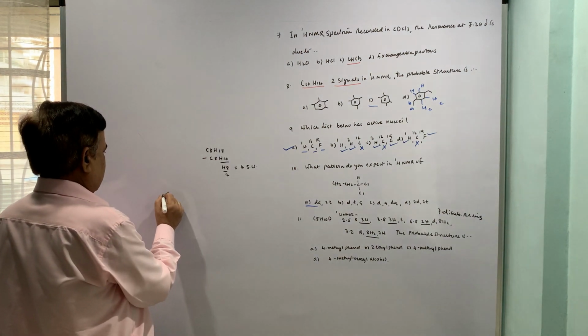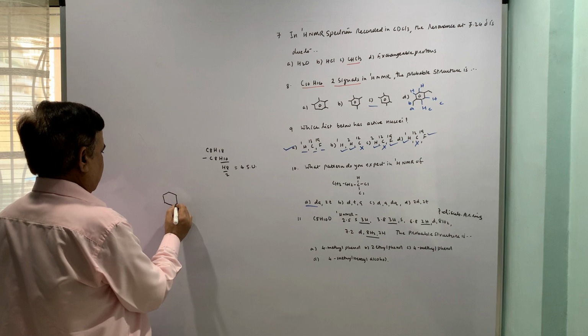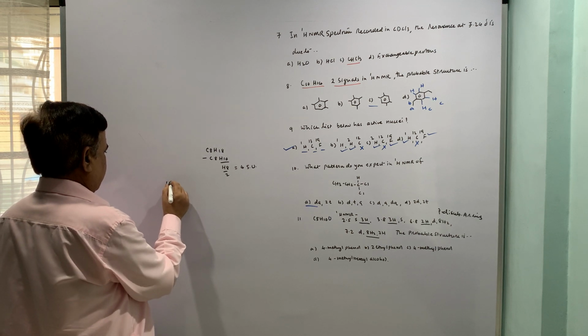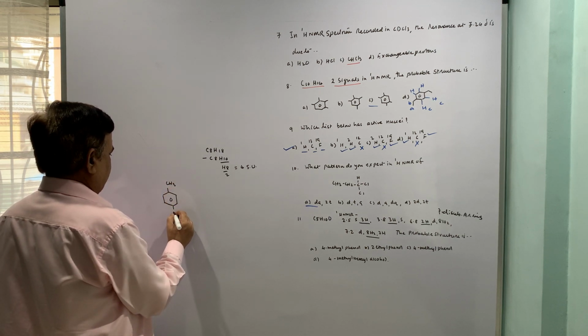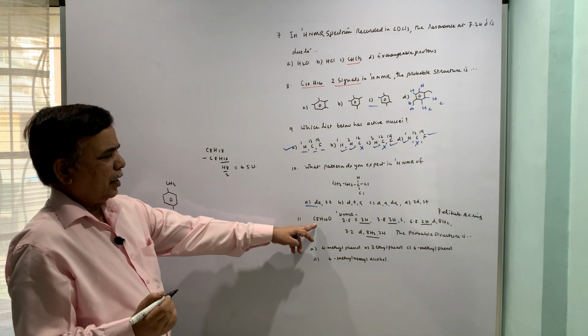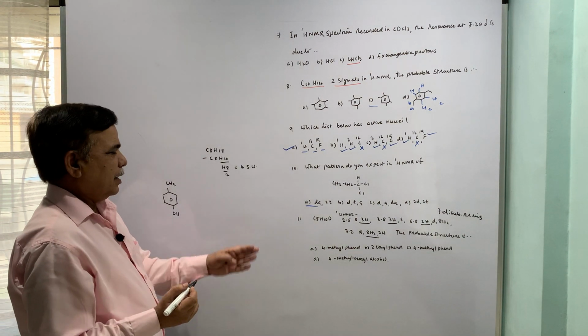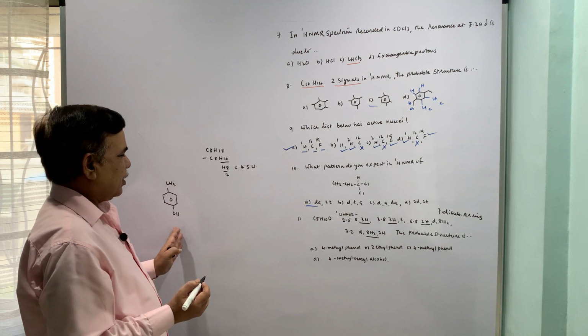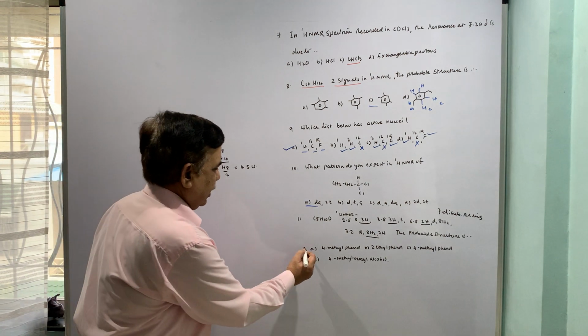So, I will put all the structures and then we will talk about the possibility. 4-methyl phenol, it is not matching with the given molecular formula. C8, here only 7 carbons are there. So, this is incorrect.